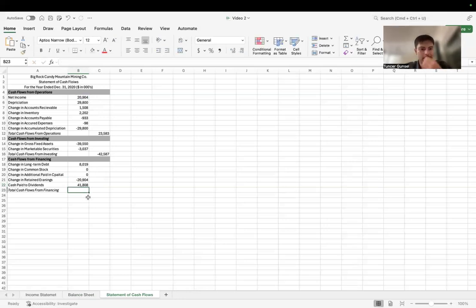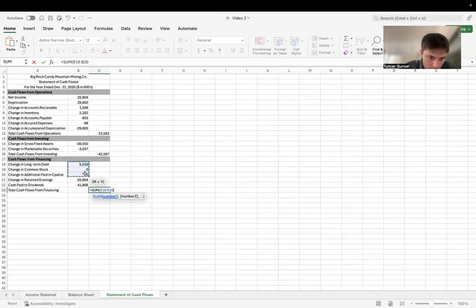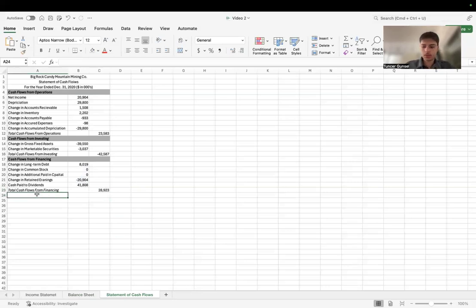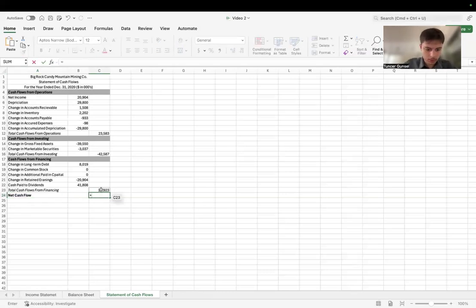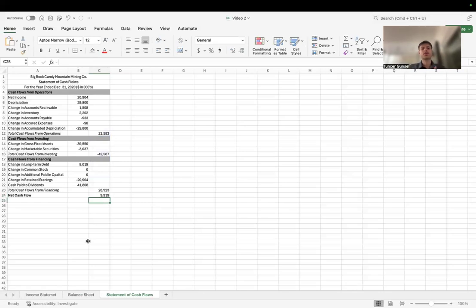And we basically pay more than 1,000 in dividends. So we can also add the cash flow at the end of the year. Net cash flow is 8,000.